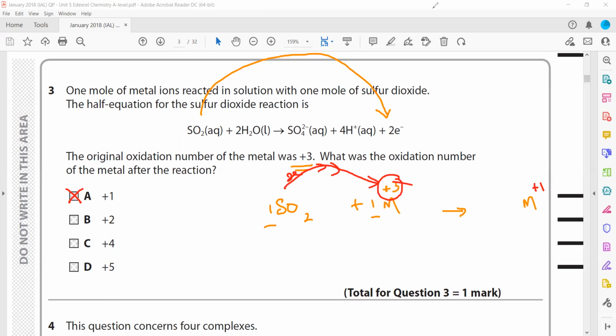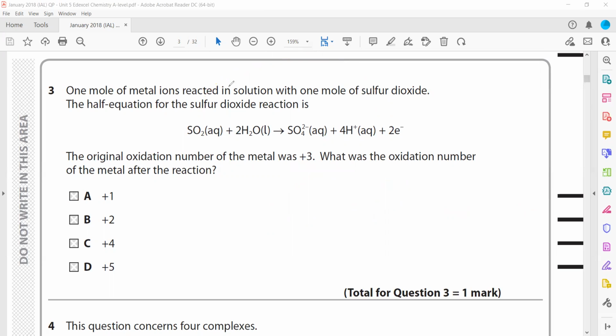For example, if the same question was there and they say 2 moles of sulfur dioxide reacted with 1 mole of the metal. If the equation was like this, and in the question they say 2 moles of sulfur dioxide instead of 1, then if 1 sulfur dioxide is losing 2 electrons, 2 sulfur dioxide will lose 4 electrons.